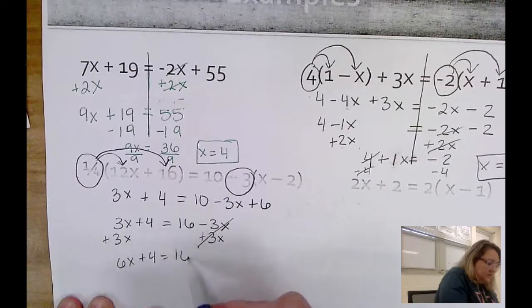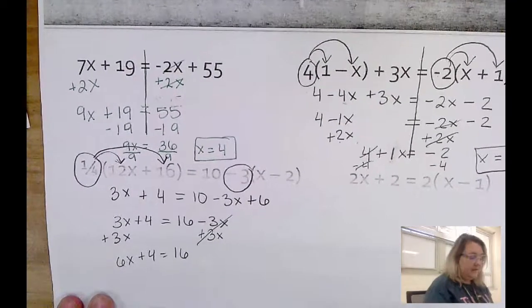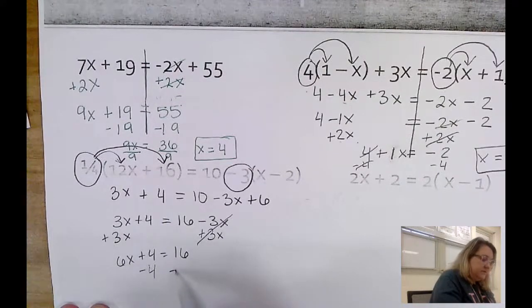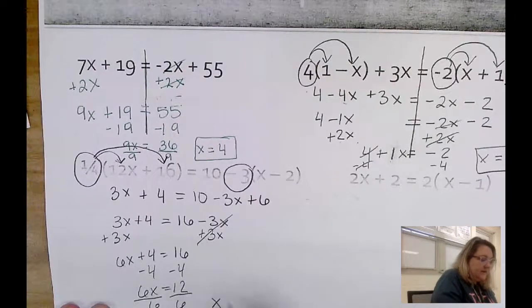Please pause the video to allow time to copy. All right, let's look at example 4. Our first step is to distribute. So I'm going to multiply 2 times x and 2 times negative 1. Remember, circle the term and the sign.